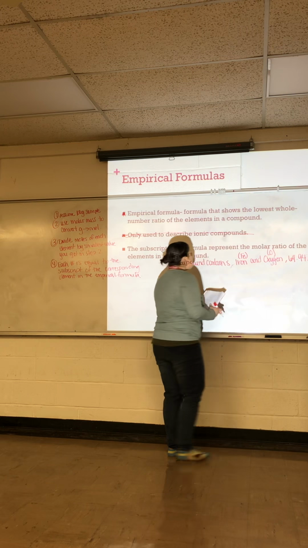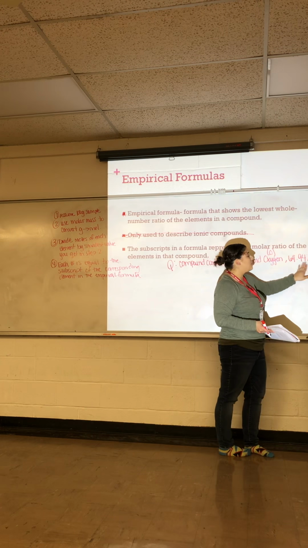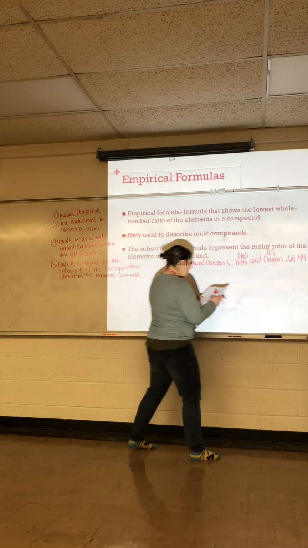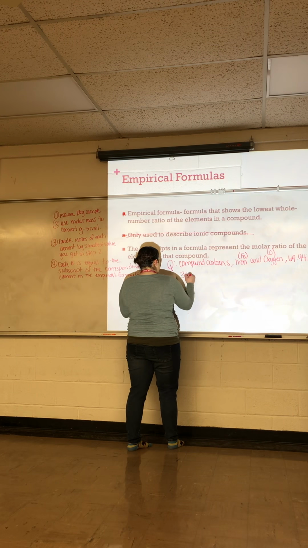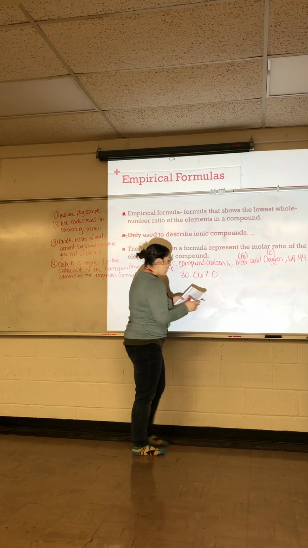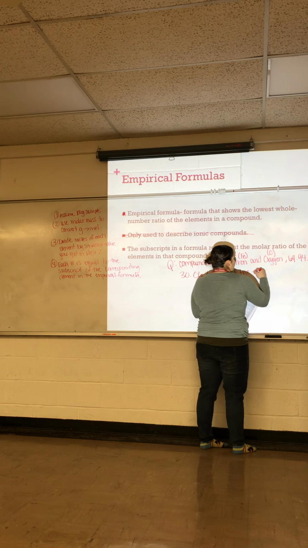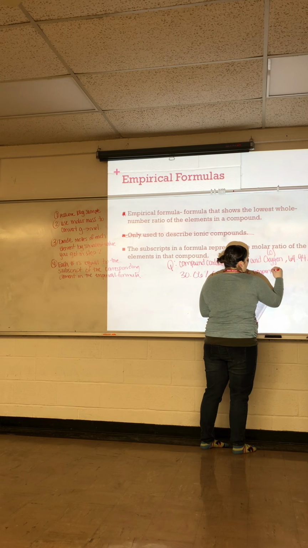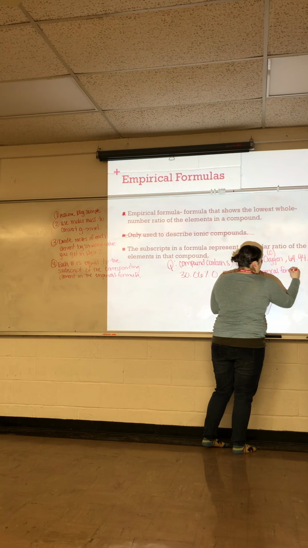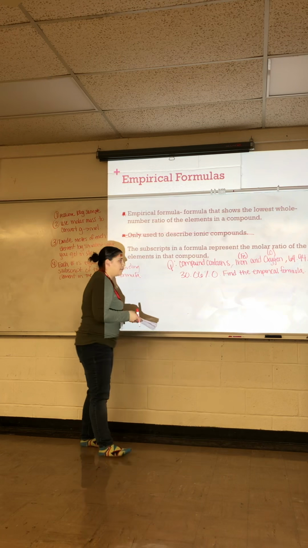Okay, so of my compound, whatever that may be, 69.94% of it is Fe. The other 30.06% is oxygen. What I want you to do is find the empirical formula of the compound.